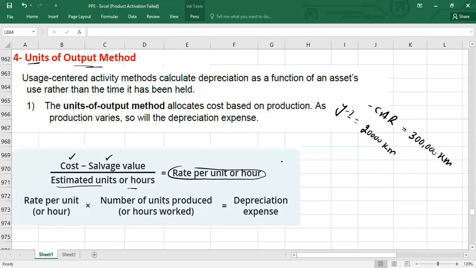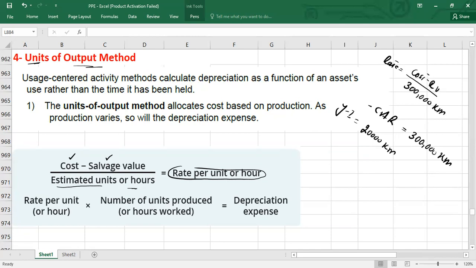Now if I want to calculate the depreciation in the first year, first I need to calculate the rate per unit, or per kilometer. I can calculate the rate this way: the depreciable base, which is cost minus residual value, divided by estimated units, and my estimated units here are 300,000 kilometers.